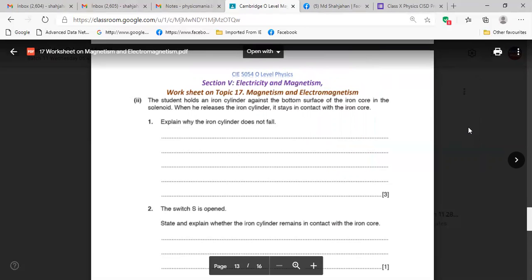The iron cylinder gets magnetized by induction, and its side that is closer to the north pole becomes a south pole, and it attracts to the solenoid magnet. Unlike poles attract. Yes, you mentioned it as unlike poles attract. So complete the answer quickly.